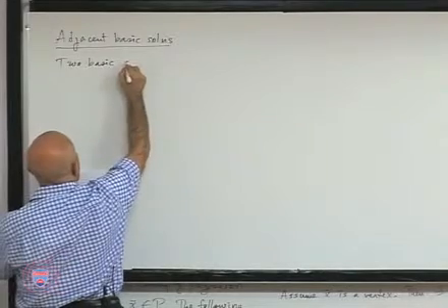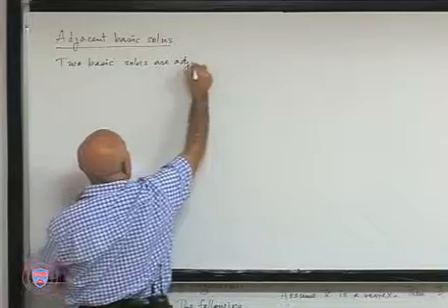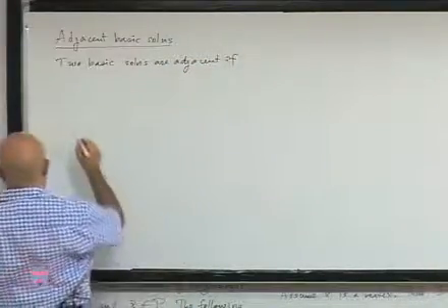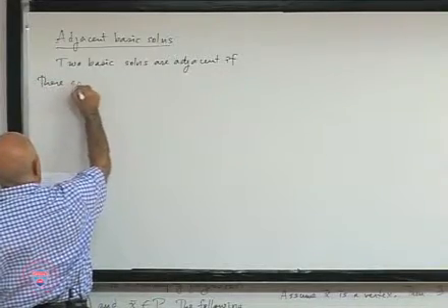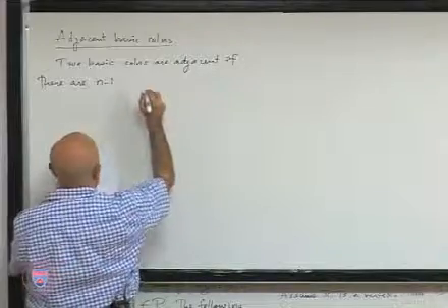We say two basic solutions are adjacent if there are n-1 linearly independent constraints that are active at both of them.